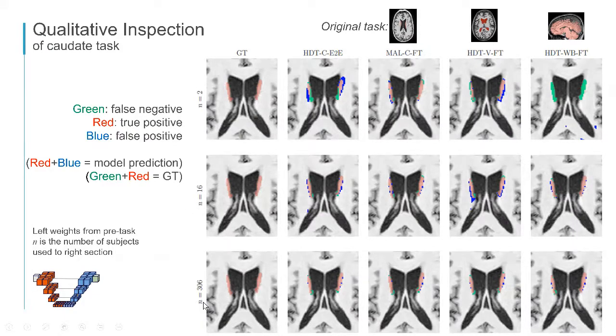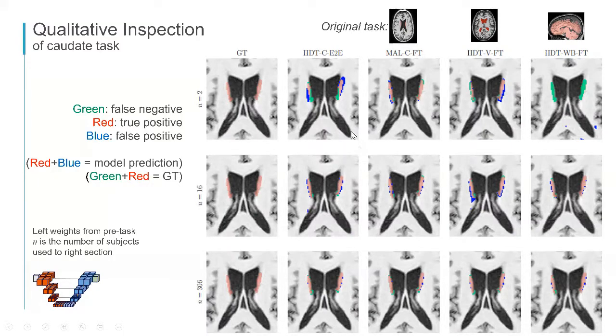And the bottom row is fine-tuned using 306. And the ground truth is the left column. The model in the second column has received no pre-training, so it's trained purely on 2 brains, 16 brains and 306 brains from the target data set.